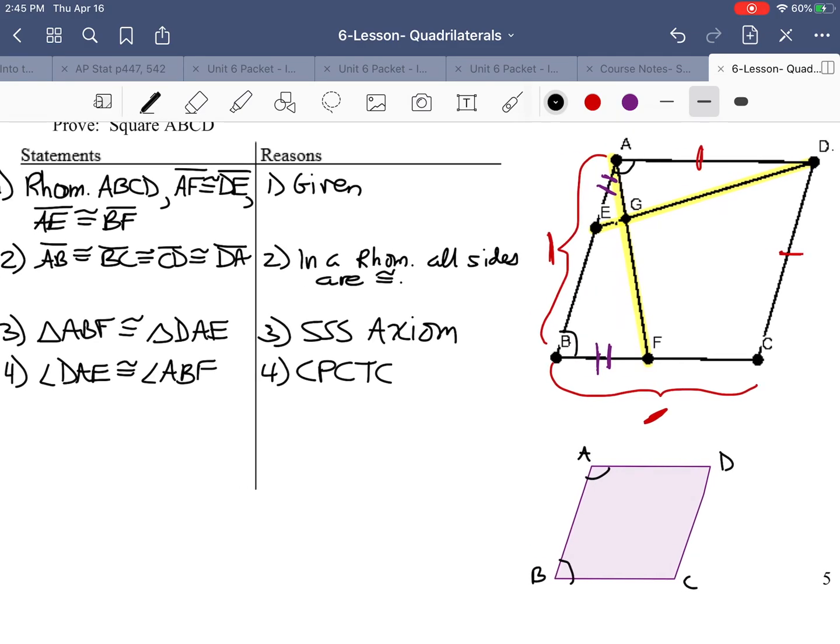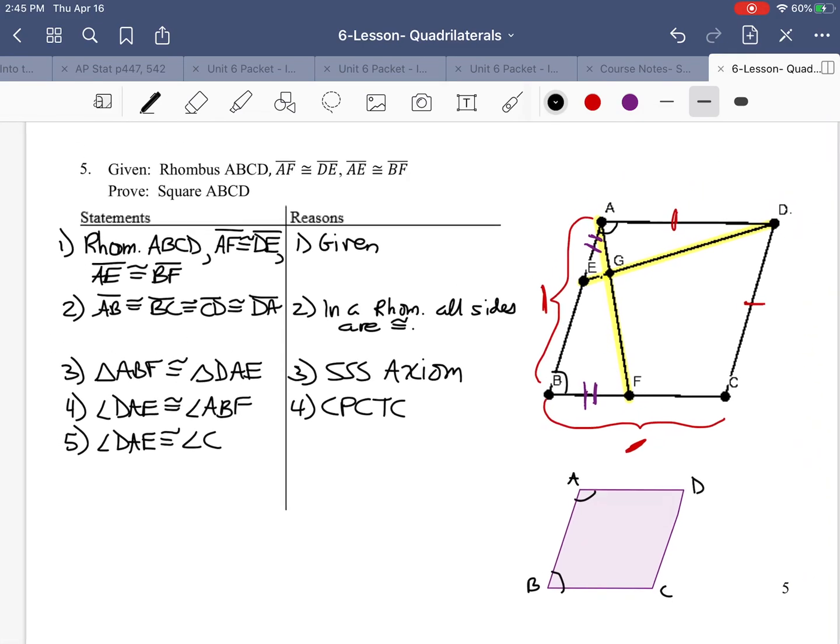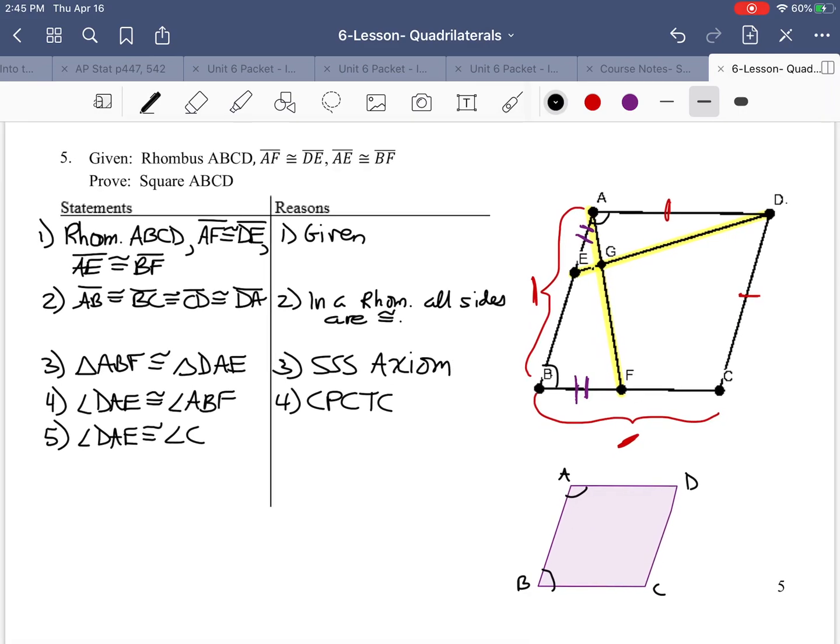All right, then I can state that angle DAE is congruent to angle C. All right, angle C could be nothing else, so that's easy enough.